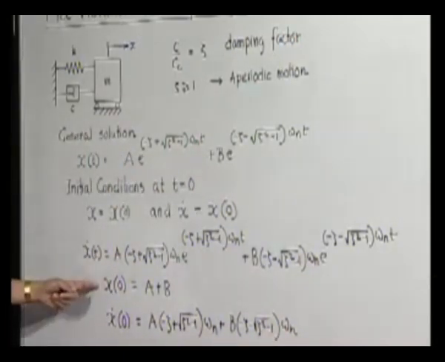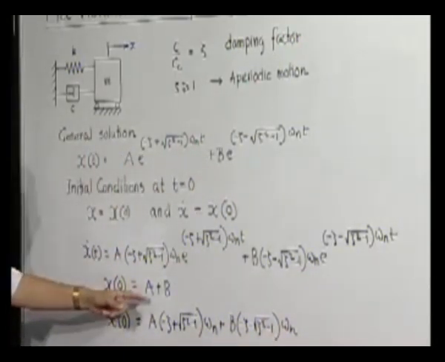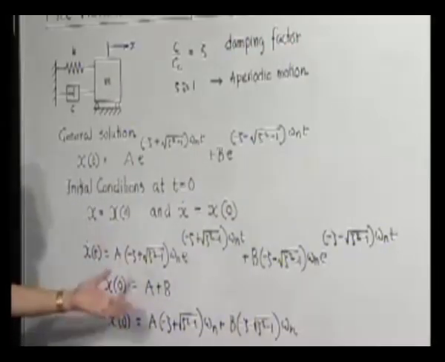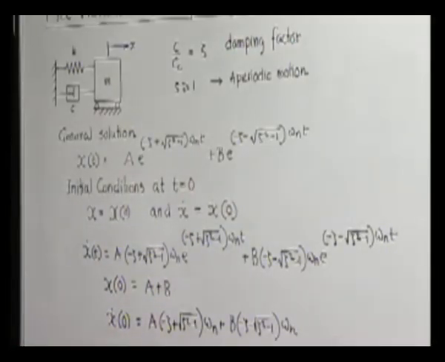So, we have two equations with two unknowns A and B. This is a set of simultaneous equations, and we can solve. Instead of wasting time determining this in a long way, I will just give the results.